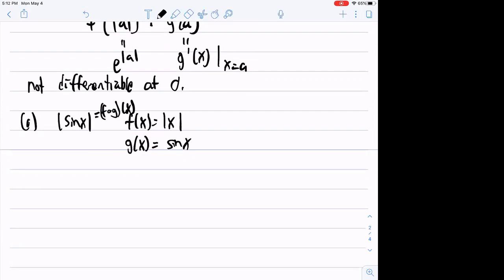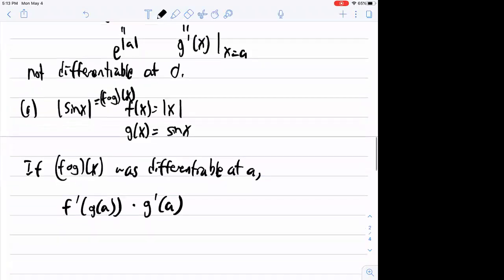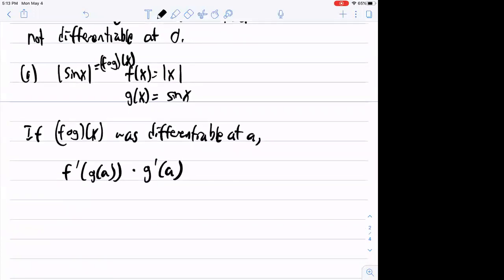So here again, if f compose g of x was differentiable at a, then the chain rule gives this, times g prime of a. Hopefully you all know the derivative of sine is cosine. So this is cosine at a. So no problems here, right?